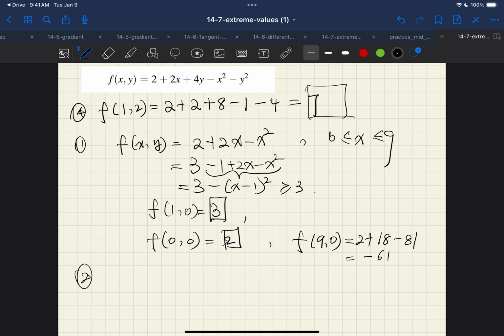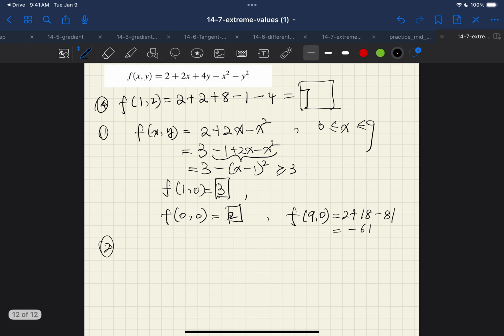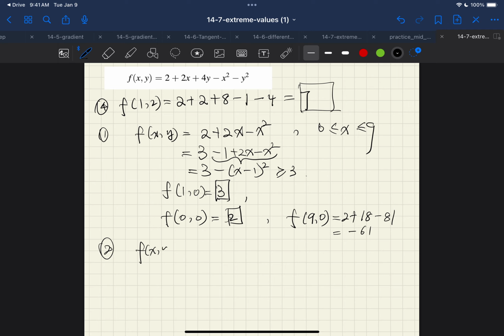Number 2, L2. We're looking at this line, which means x equals 0, y ranging from 0 to 9. So f(x, y) is 2 plus 2 times 0 plus 4y, minus 0 squared minus y squared.